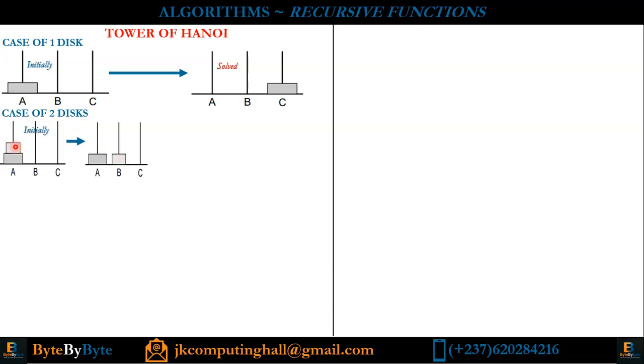So I first of all take this to B, and then I move the remaining one to C, and finally I move from B to C, as you can see, and the problem is solved. So this is how I have moved these two disks from the source to the destination using B as intermediary. So that's how the Tower of Hanoi is solved for two disks.